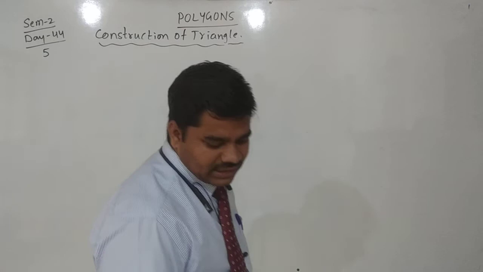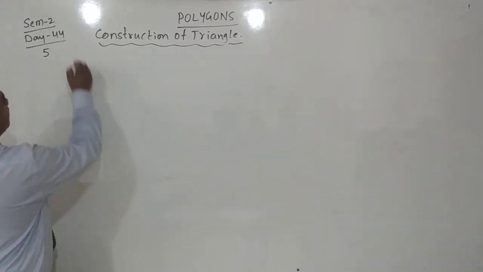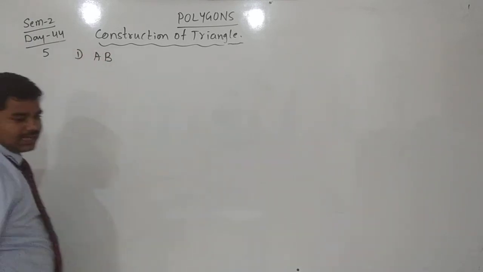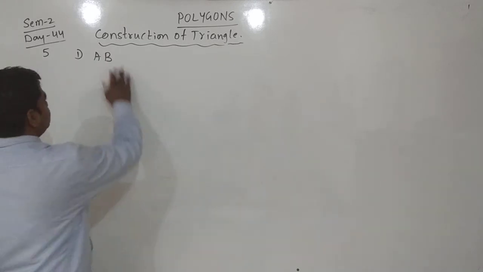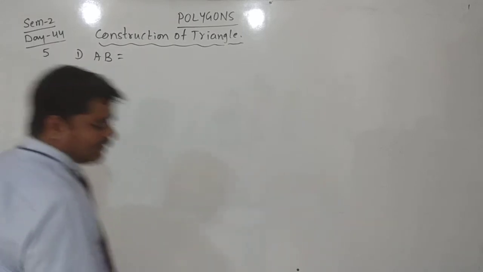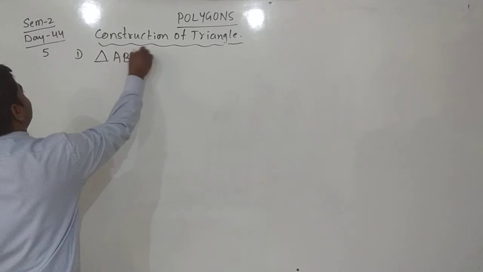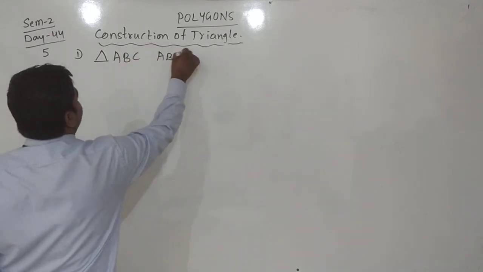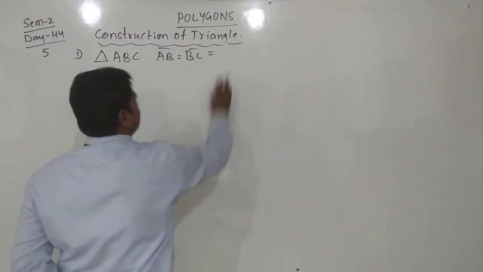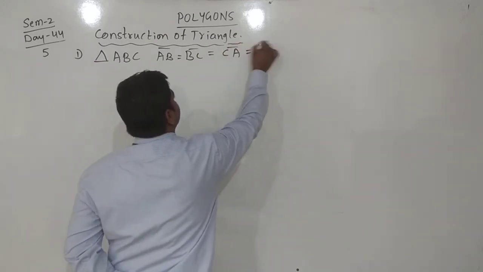Here, to construct a triangle when all three sides are given. Example: construct a triangle ABC. This is from our exercise: AB equals BC equals CA equals 5.3 centimeter.